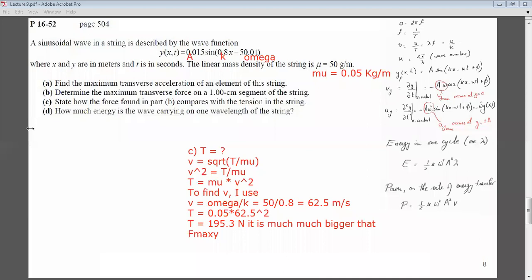Okay, part D. E is equal to half times mu times omega squared times A squared times lambda.